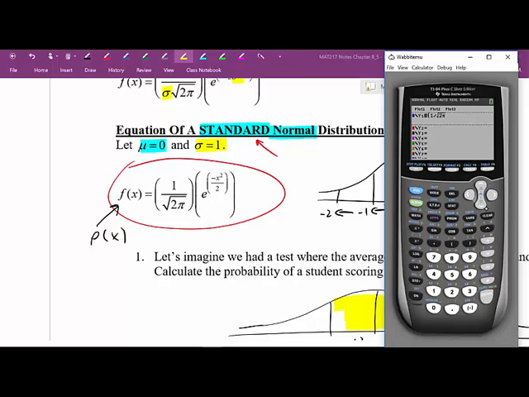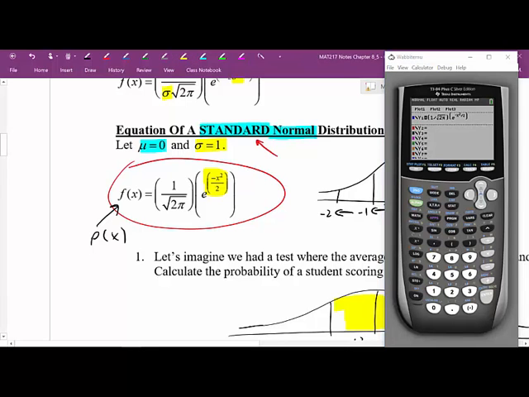There we go. I'm going to close my parentheses. Now, the next thing I want to point out, this is e raised to the, and all of this here is in the exponent. So in my exponent, I'm going to type in negative x squared divided by 2, and then I'll get out of my exponent and close that off. Okay, so there's our function.